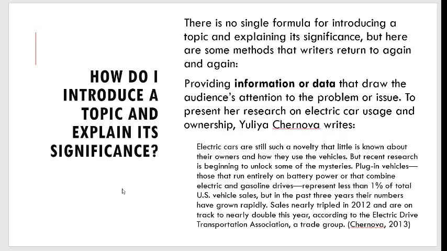While we know that there's tons of data about electric cars in many different facets and layers and aspects, this writer decided to go with the data that revolves around the economics of it all, which provides a purpose and presence and context for the kinds of conversation that they're going to have.